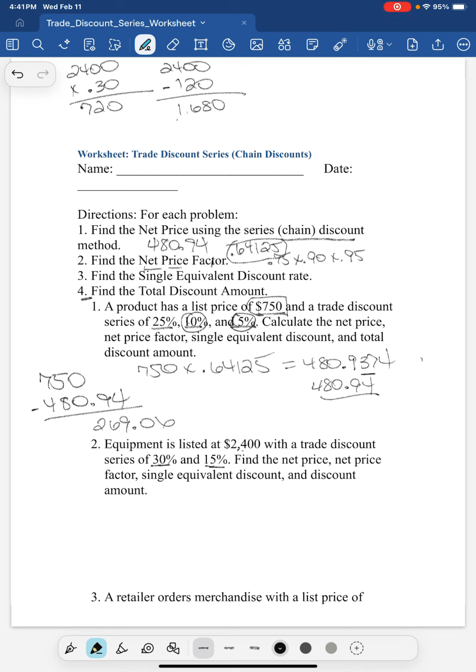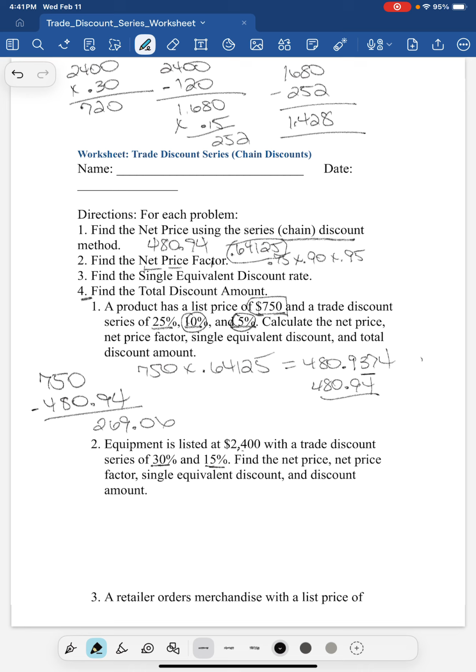And so then you multiply that times the 0.15, and you get another $252 discount. So you take your 1,680 that you came up with and you subtract $252, and you get $1,428 as your new discounted price.